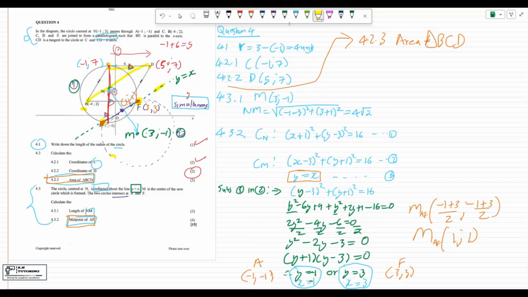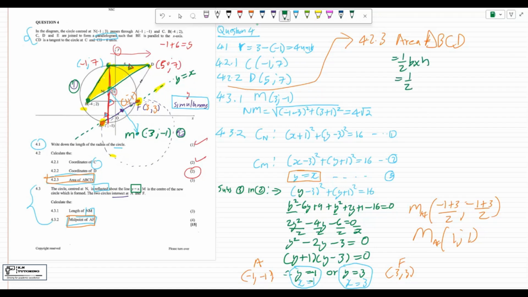Oh my goodness, colors make the diagram look beautiful and make it easy for you to analyze. So they want the area of B, C, and D. Now we know that area is given by half base times height.